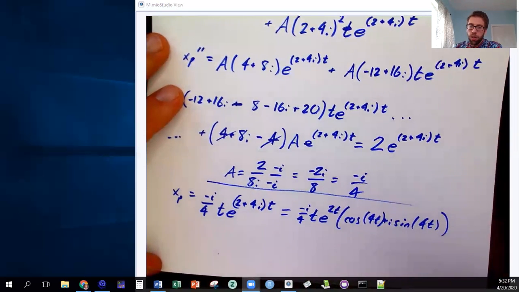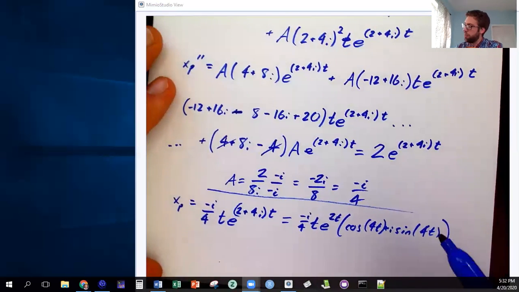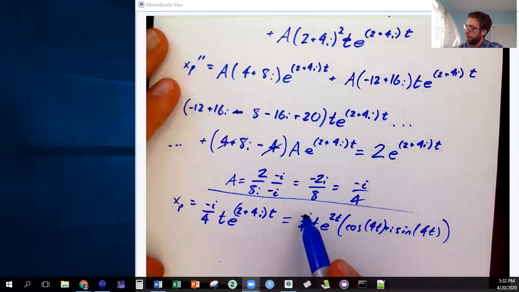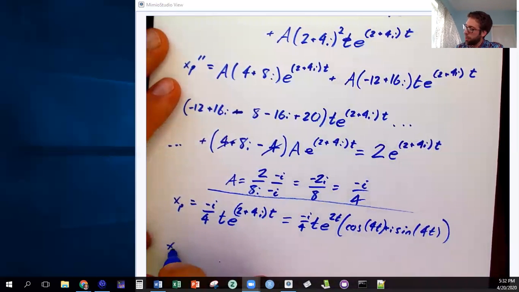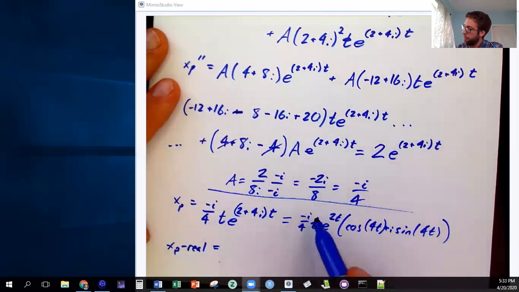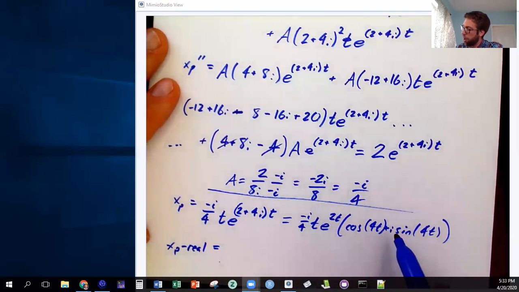Okay, well, what's the real part of this? Well, i times this real part will be imaginary, and then i times that will be real. So xp real part will equal negative i times positive i will be just 1.